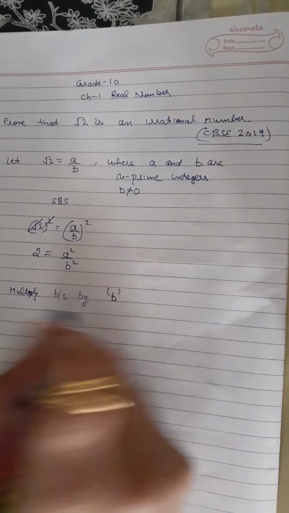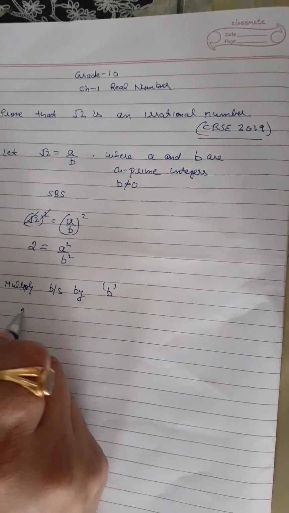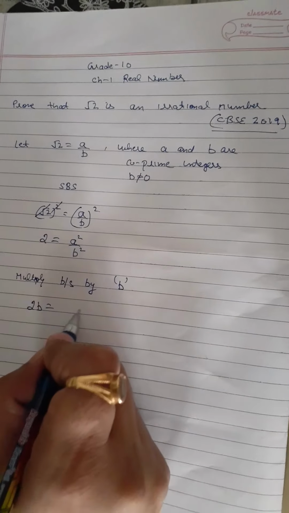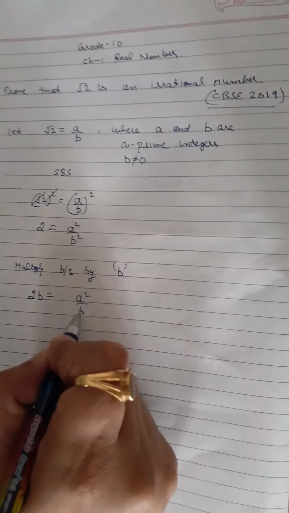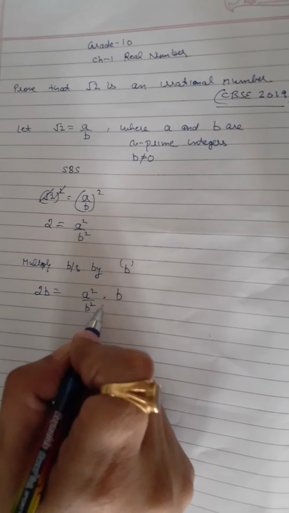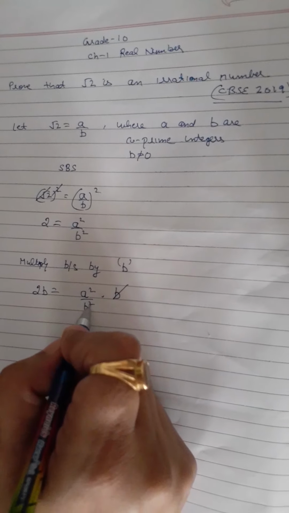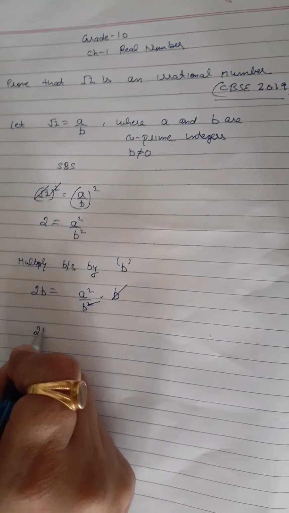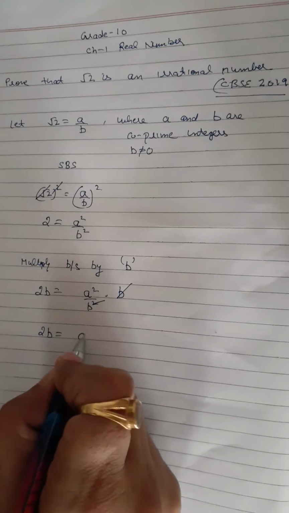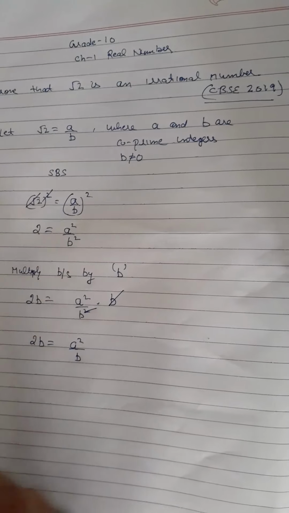Only by b you will multiply both sides. It becomes 2b is equal to a square over b square into b. This b and this b get cancelled. It becomes 2b is equal to a square upon b.